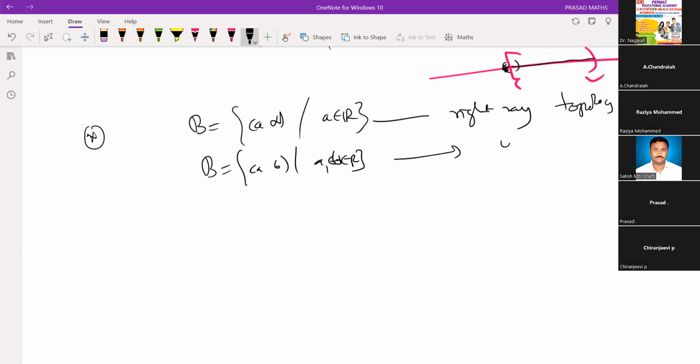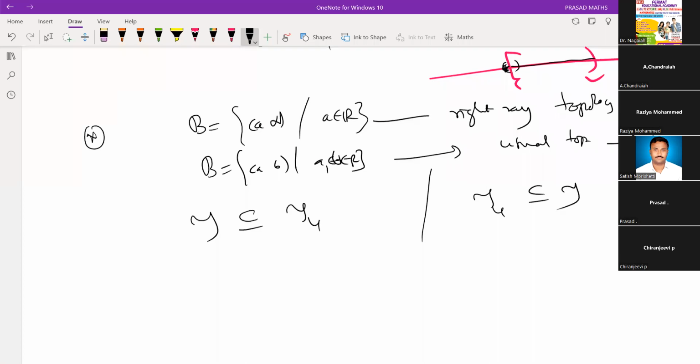This induces the usual topology, which is denoted by tau u. The question is, is tau contained in tau u, or tau u contained in tau? Are they comparable? Yes, comparable.